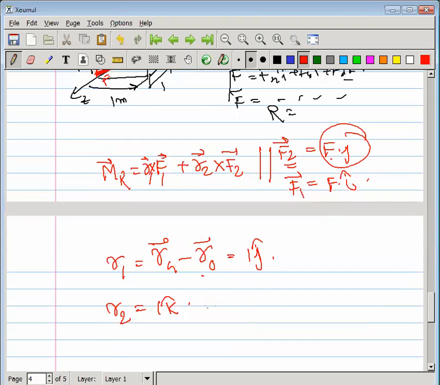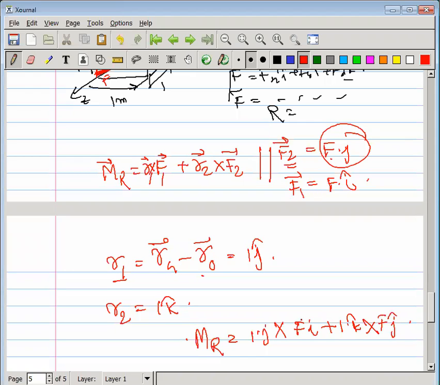So what we have to do now: the resultant moment M of R is 1j cross F1, which is Fi, plus 1k cross F2, which is Fj.